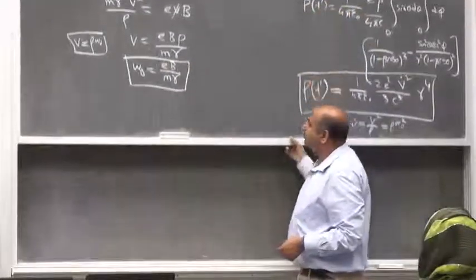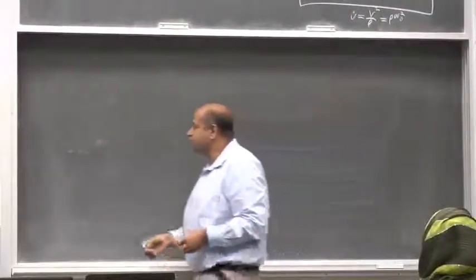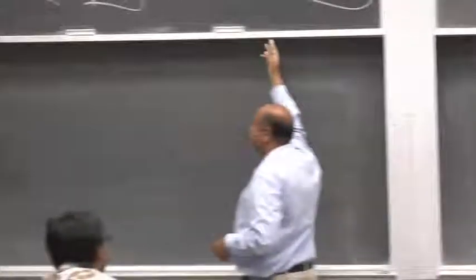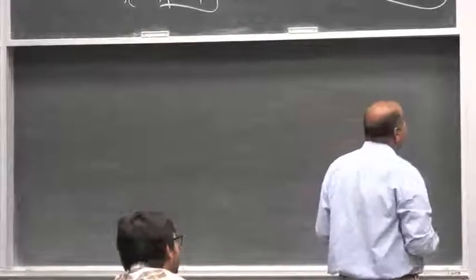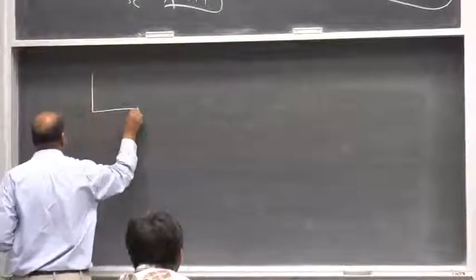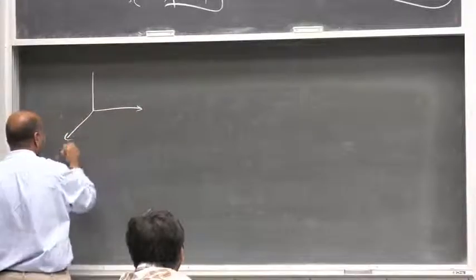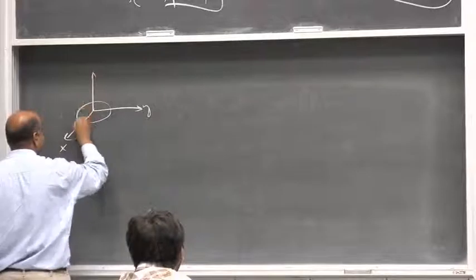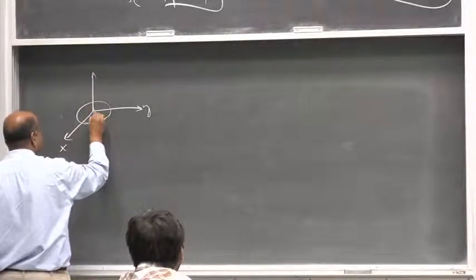But right now I am not concerned with this problem. What we are concerned with is that we have a charged particle in circular motion in the XY plane. Let's say here, so this is the particle going.